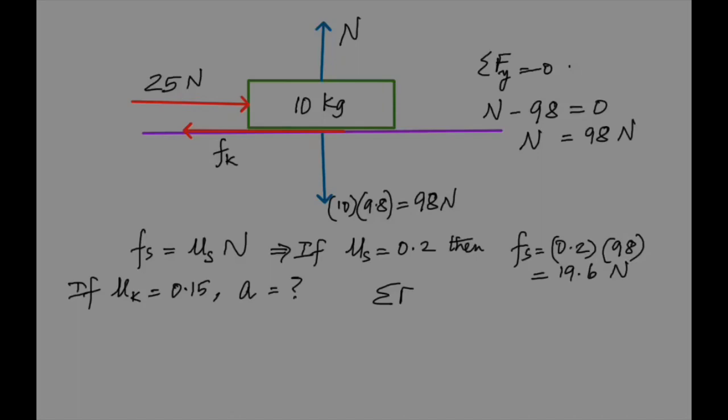Okay, to find that, consider the net force along the x-axis. What is the net force? It's 25 minus Fk. Why minus? Because friction is opposite. And this net force must be equal to mass times acceleration along the x. Therefore, 25 minus kinetic friction should be equal to mass times A. I'm just saying A instead of Ax.